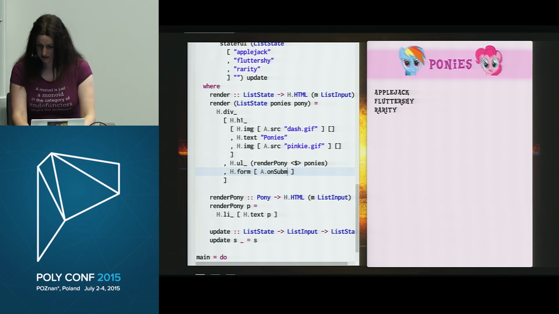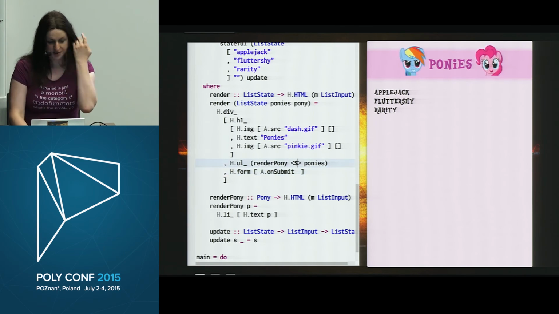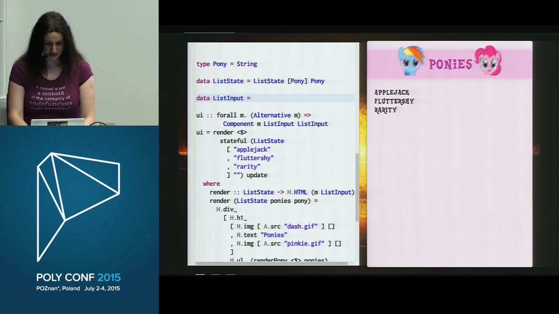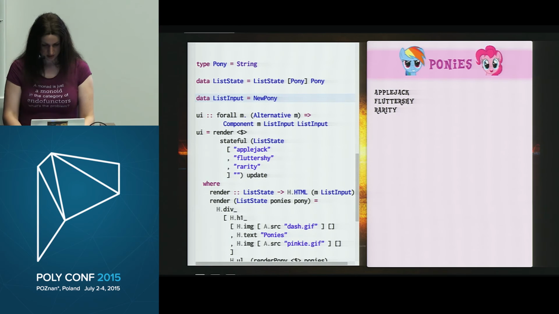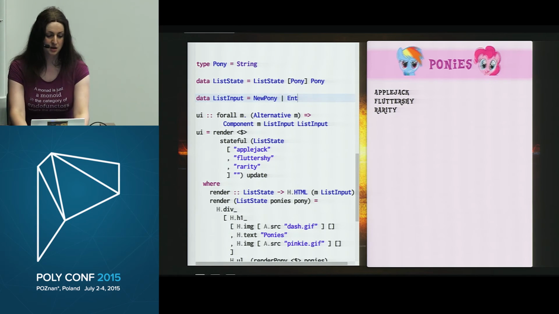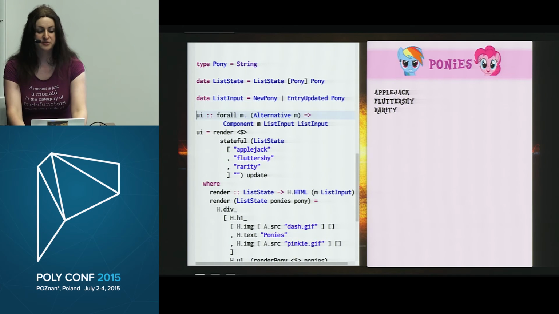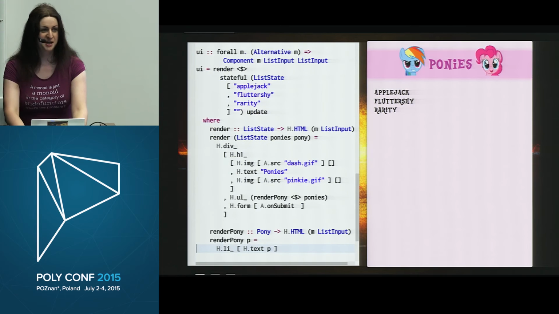add some events now, because things are going to start happening. We're going to have a new pony event, and we're going to have an entry field updated event, which will take a string essentially. So that when you type in the input box, EntryUpdated pony gets fired, and this pony here gets updated.